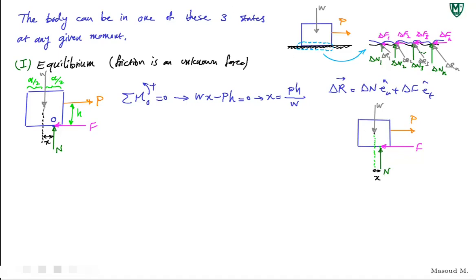This is when the rigid body is not moving. The second state is called impending motion. What impending motion means is something interesting: your rigid body is still not moving, it's still in equilibrium, but it's about to move.